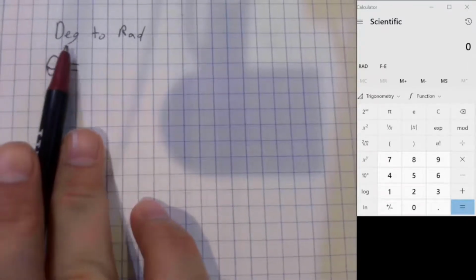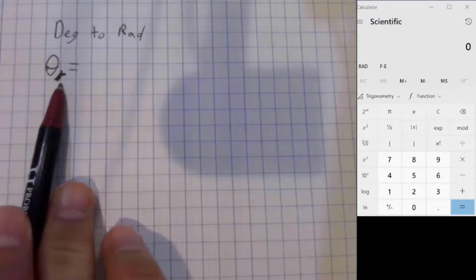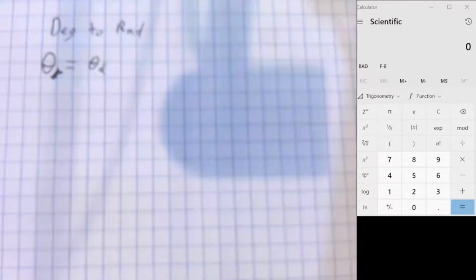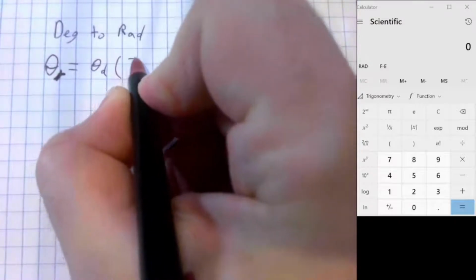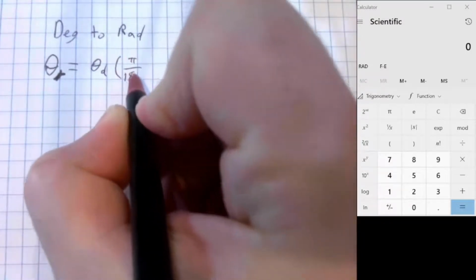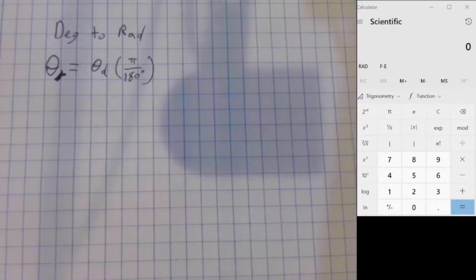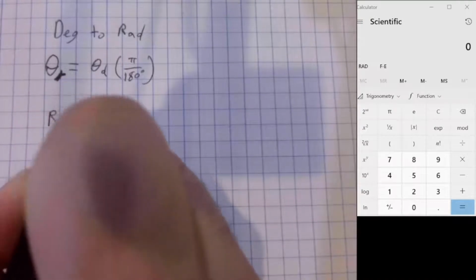Let's say we had an angle in degrees and we wanted to change it to radians. To find that theta r, it would be theta d multiplied by pi and divided by 180 degrees. Let's also create the alternate formula.